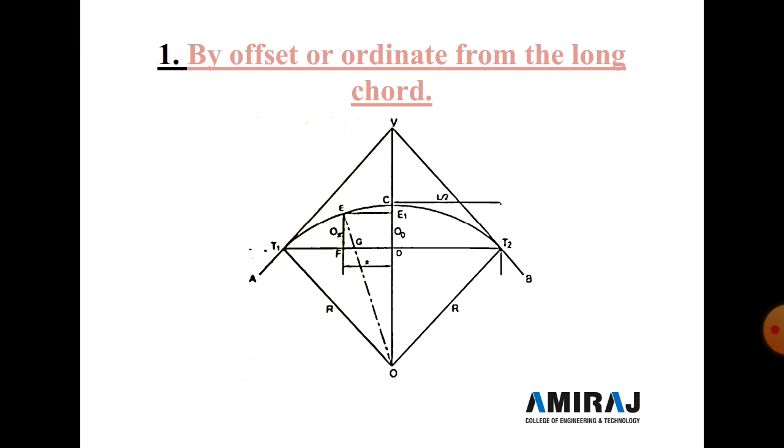Here you can see the figure. Point O is the center of the curvature, the starting point is T1 and the end point is T2, and point V is the intersection point of the two tangent lines. T1 to T2 is the main chord, and R is the radius of the curvature.